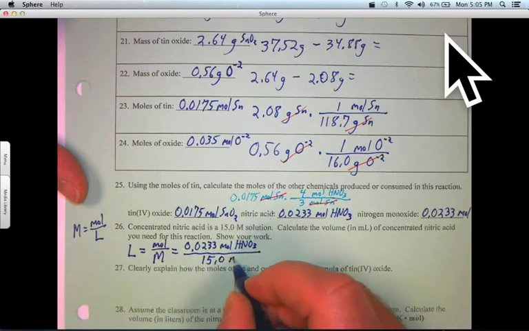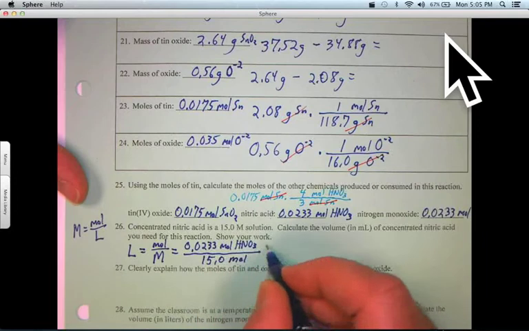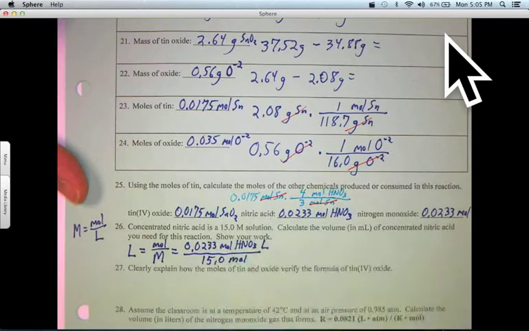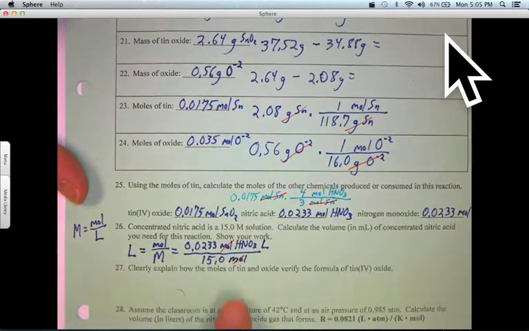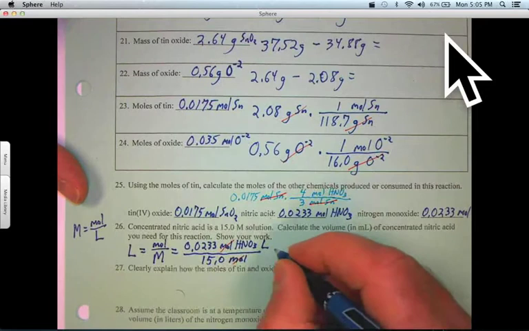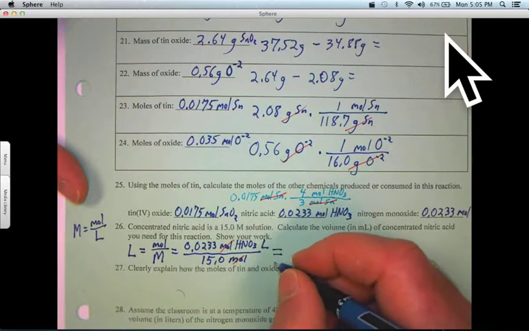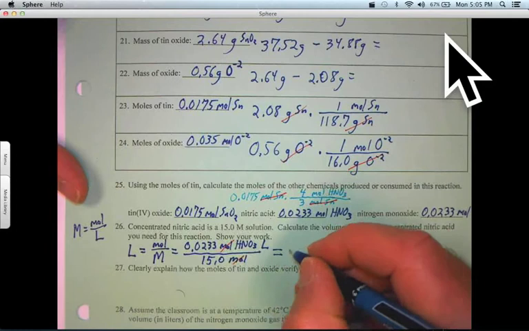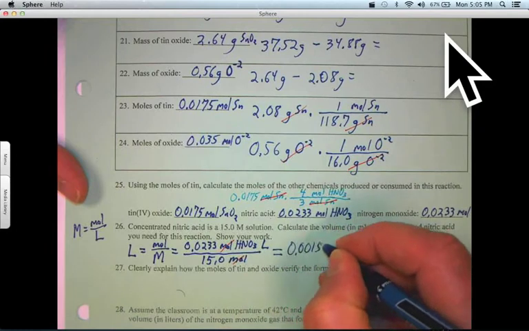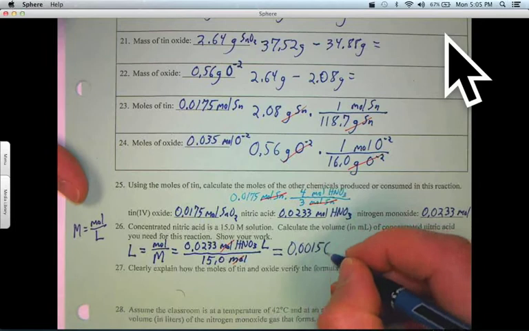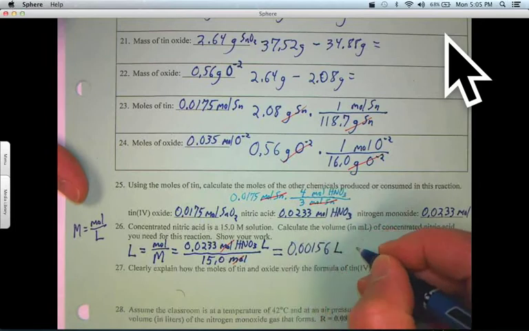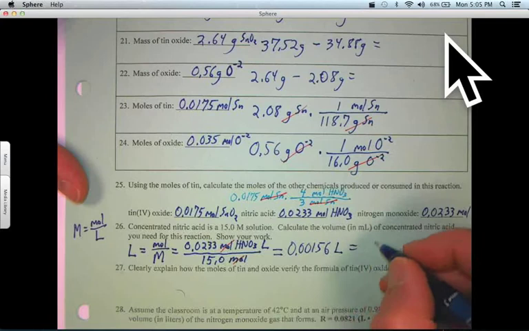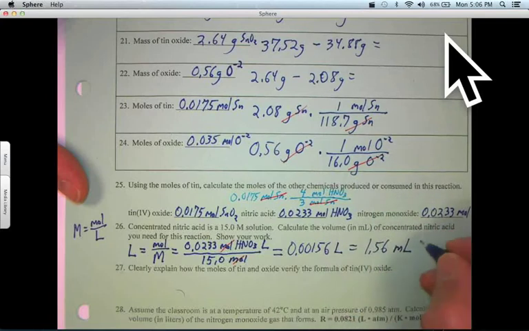I'm going to write moles over liters, and that way I can cancel my moles. Then we do the math, and we get 0.00156 liters, which we can convert to milliliters, which is 1.56 milliliters of concentrated HNO3. There we go.